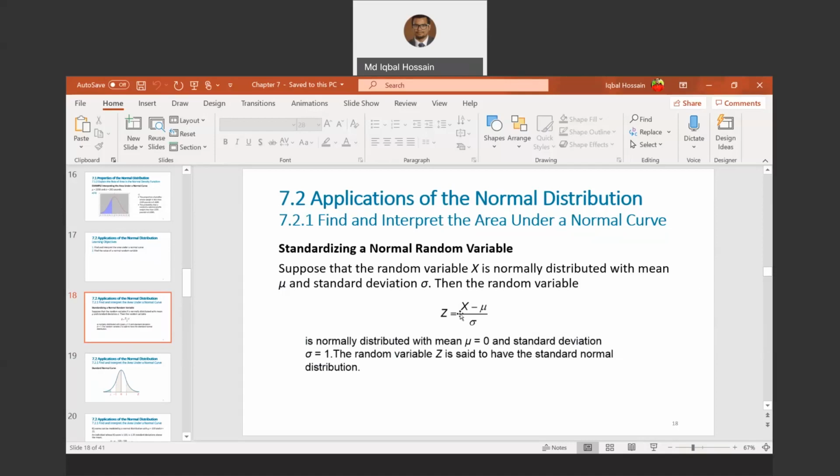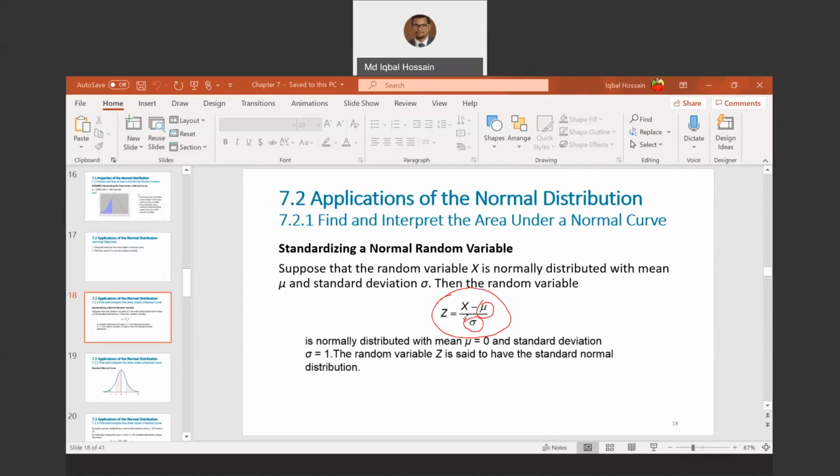Here you can see this formula is exactly the same as we discussed before. This x is a general x, and we have population mean mu and population standard deviation sigma. We already know about this.